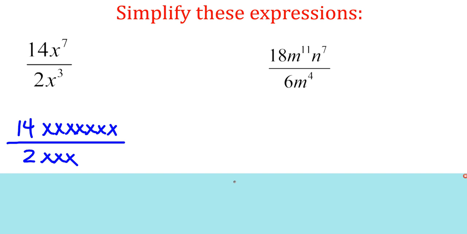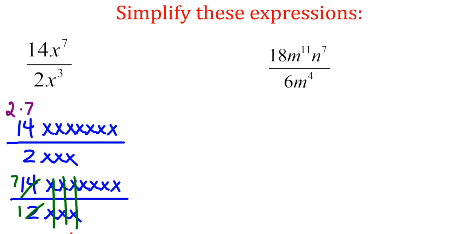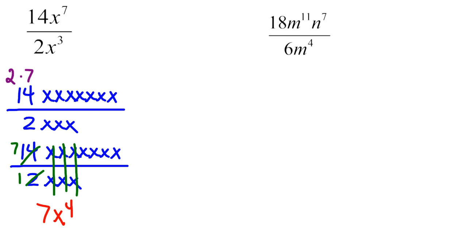Now we know that we can write 14 as 2 times 7, which means we have a greatest common factor of 2 that we could divide out. We also have a greatest common factor of x that we can divide out. In fact, we have 3 pairs that we could divide out. So what would we be left with? We would have 7 times x to the fourth.